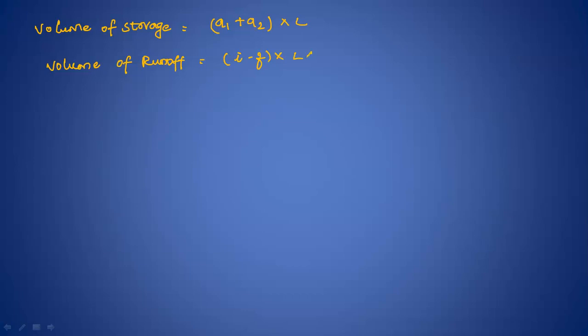Volume of storage is equal to A1 plus A2 into L. Volume of runoff is equal to I minus F into L into HI. So these formulas can also be used. Sometimes volume of runoff is equal to volume of storage. So we can assume the side slope as 1 is to Z, which means V is to H.